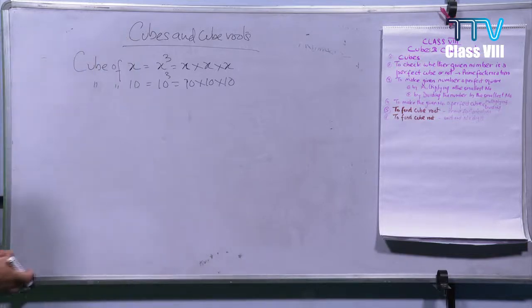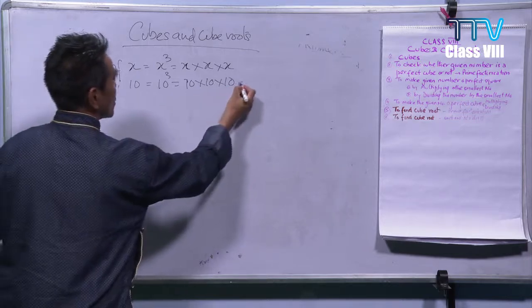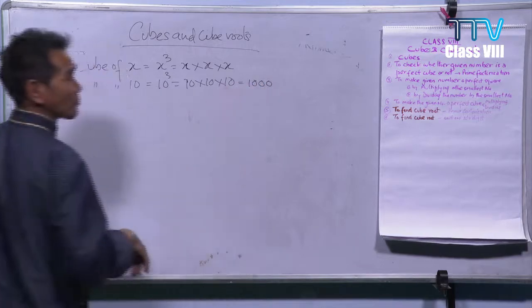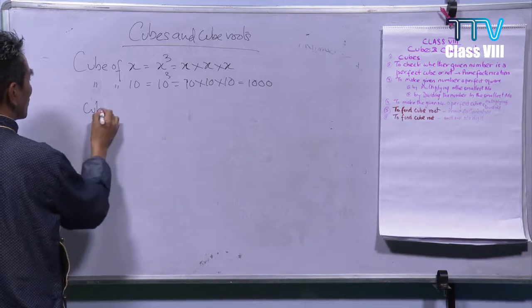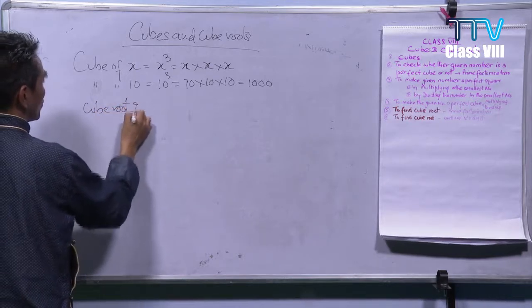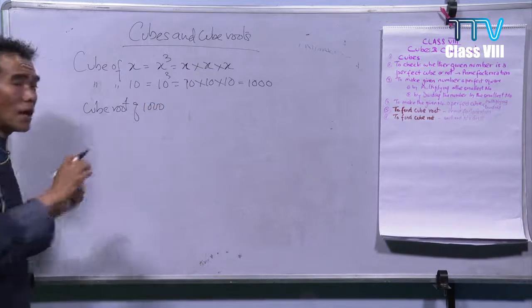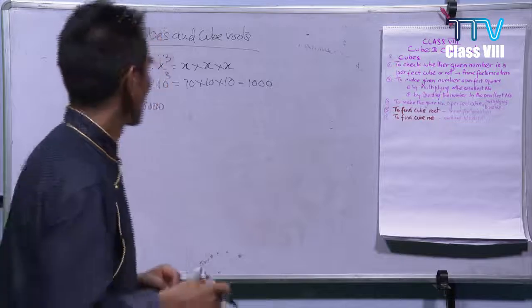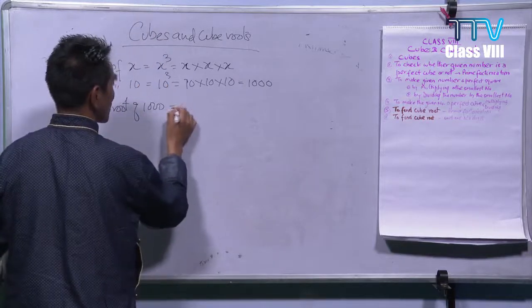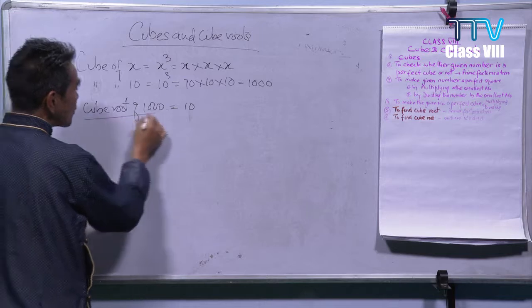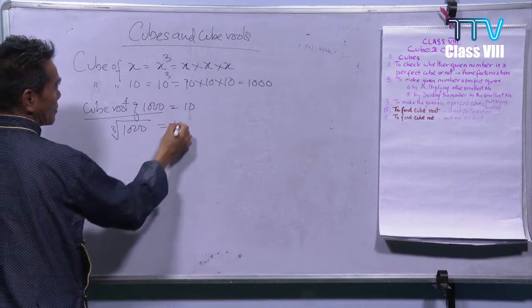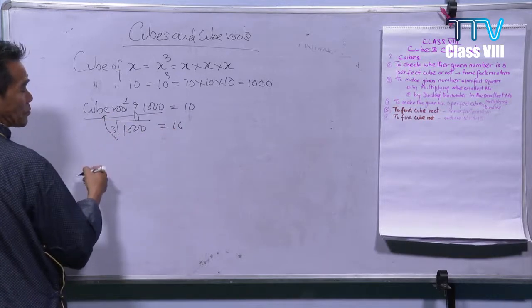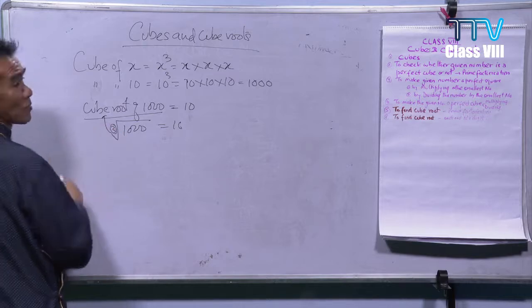Okay. Then in the cube lesson, the cube of 10 means 1000. So cube root of 1000 is 10. The cube root of 1000 is written with the radical sign, with the order 3 on the radical.